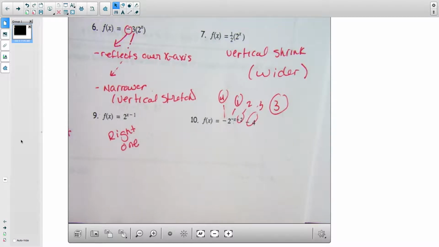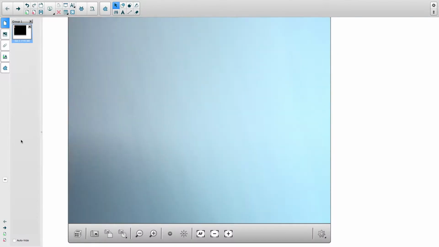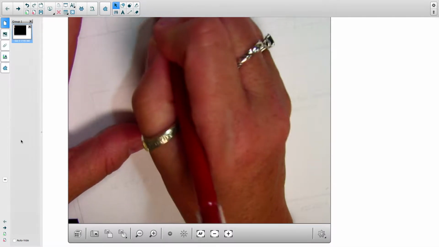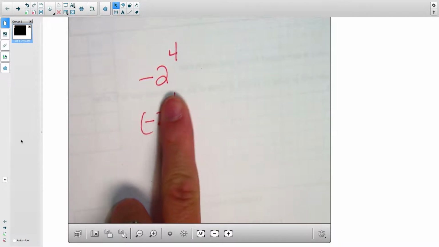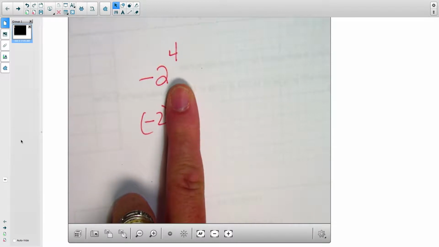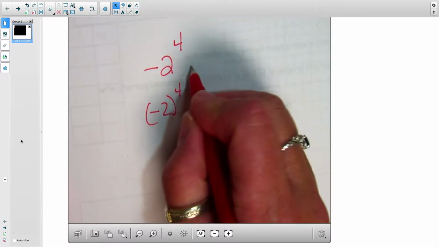Which takes us to this problem. We always have to talk about this somewhere in here. I think we've already talked about it, but let's talk about it again. What's negative 2 to the 4th? Negative 16.